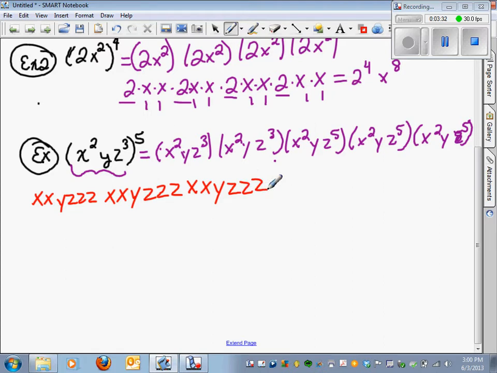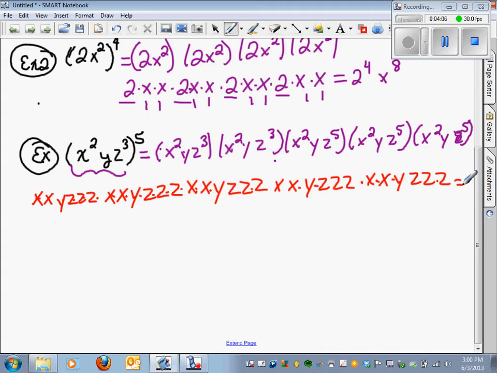That's 3, 4, and 5. And all these things are multiplication. So we can go in and put our little multiplication symbols in between each one of them, or we can simply remember that we're just multiplying.